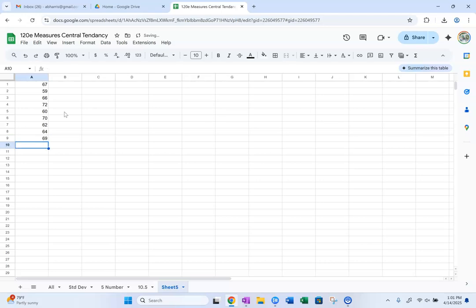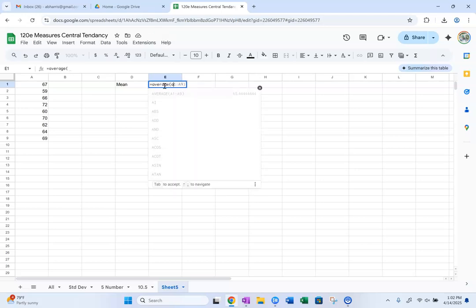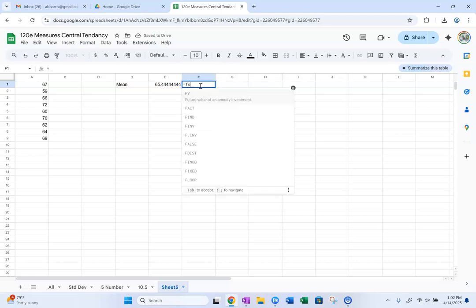Okay, there's all my data. Let's go ahead and find our mean first, just for good practice. So our mean equals AVERAGE A1 to A9. There's our mean.